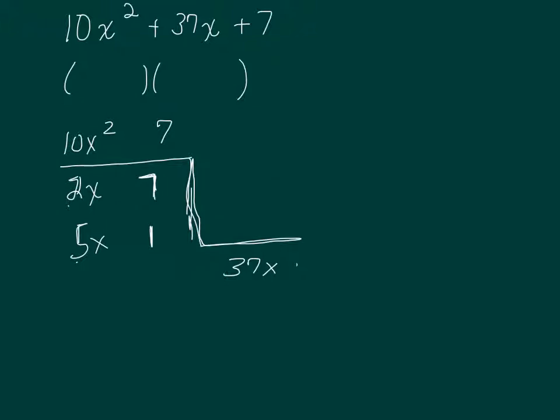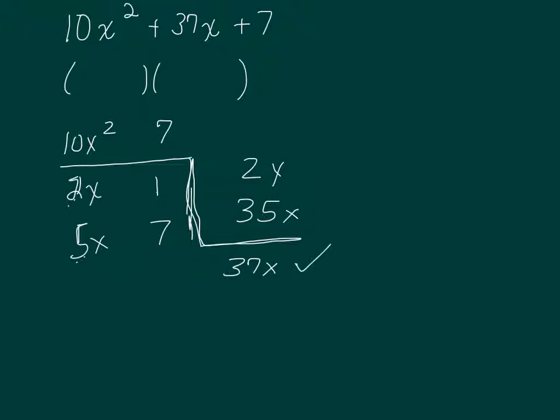And so you look at this, and why don't I try first just switching around the 1 and the 7. So instead of saying 7 and 1, let's say 1 and 7. So 2x times 1 is 2x, and 5x times 7 is 35x. So 35 and 2 is 37.